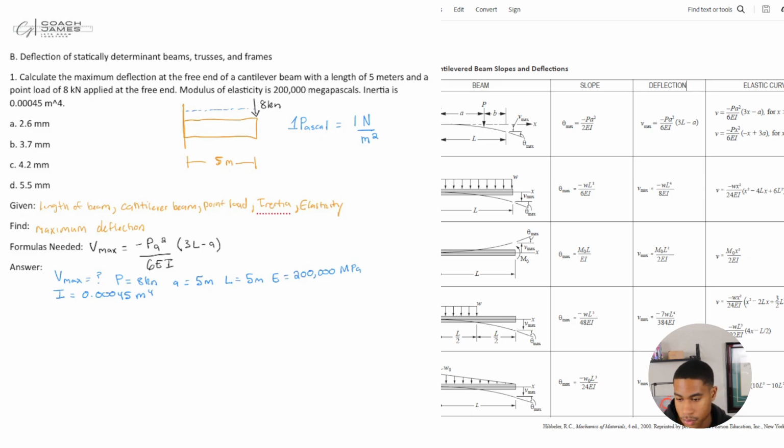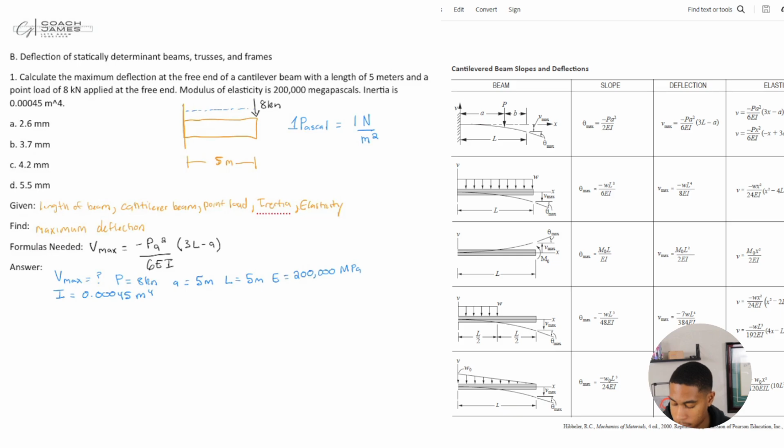All right. So the reason why I say that's important is because you want all your units to cancel. And in order for them to be able to cancel, we're dealing with meters here, kilonewtons.